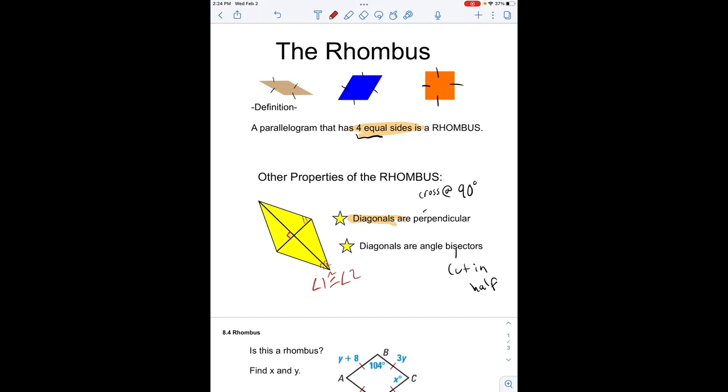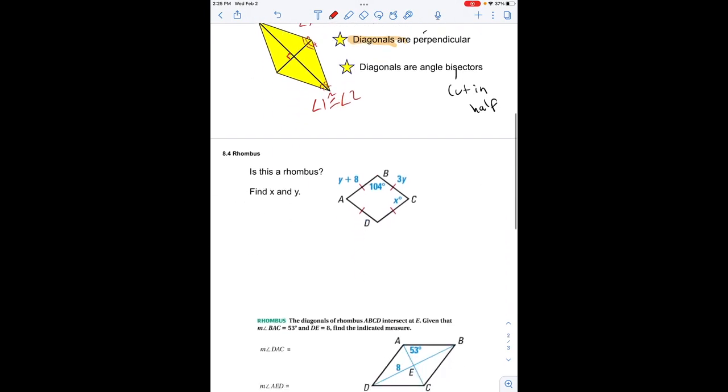Same thing up here. Call this angle 3, call this angle 4. Angle 3 is congruent to angle 4. So we're going to have opportunities to use this knowledge to help us figure out more unknowns.